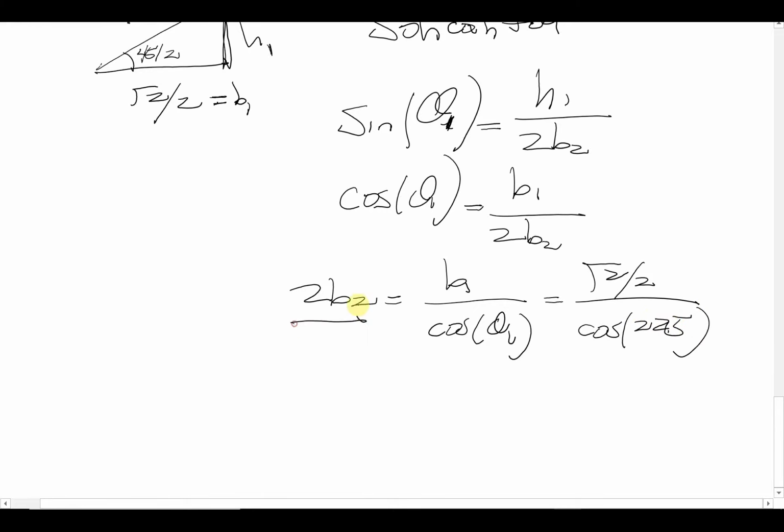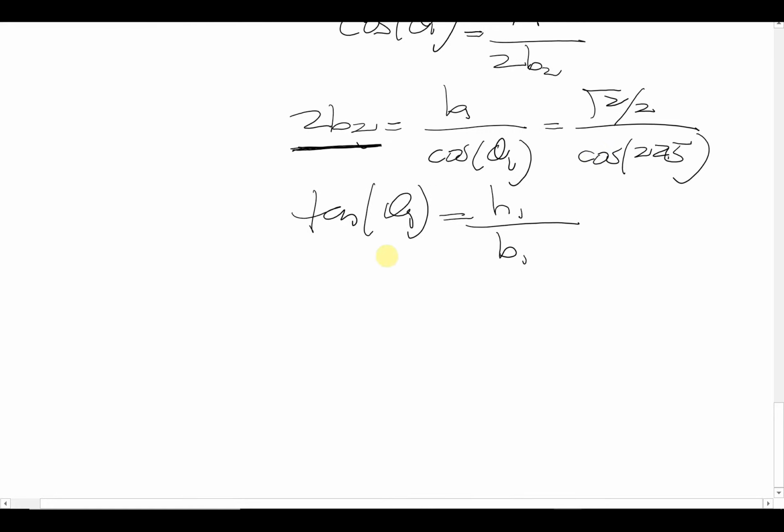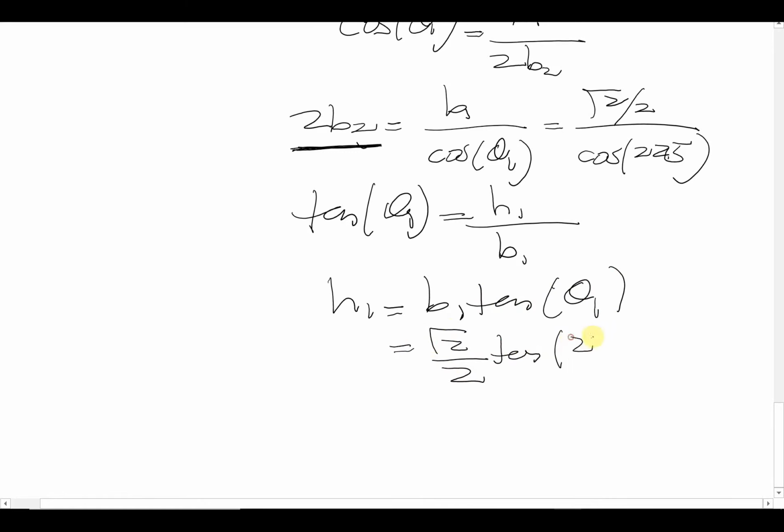Now that we solve for this, we can also use tangent instead of sine. Tangent theta 1, remember y over x, is h1 over b1. We already know b1, so h1 equals b1 tan theta 1, which is root 2 over 2 tan 22.5.